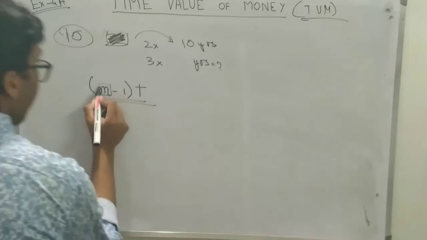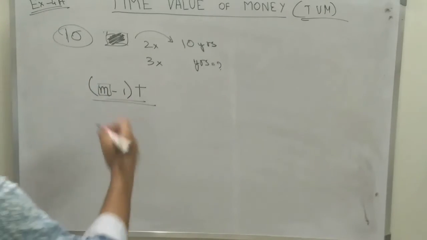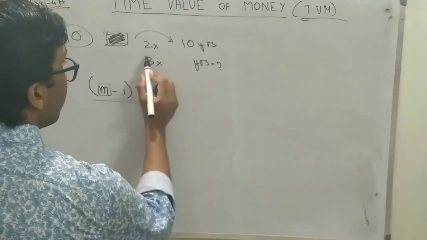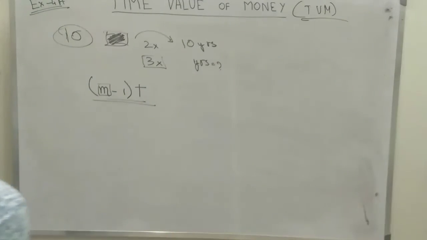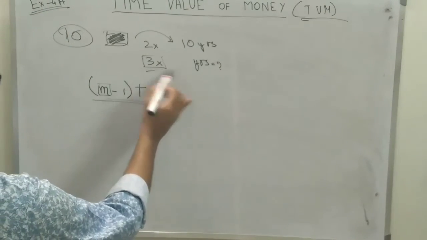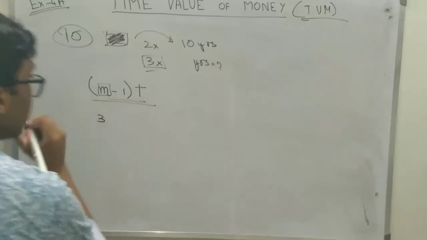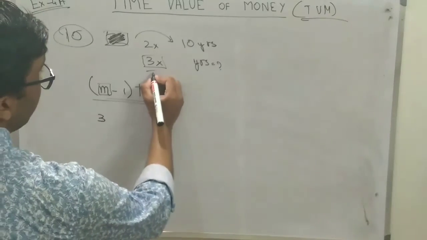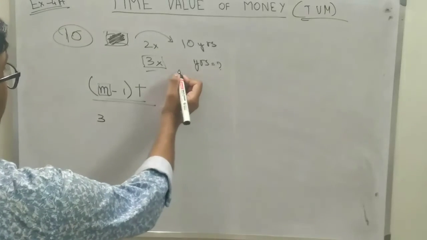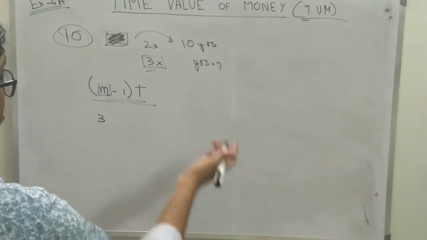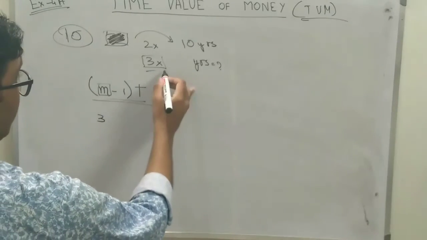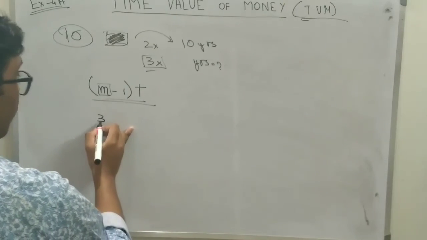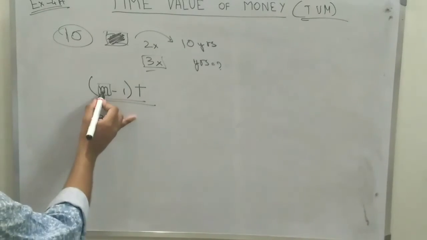Now what is m? M is the number of times given. Say for example, here it is given as 3 times. We will take 3 in place of m. If it is given as 4 times, like how long will it take to convert it into 4 times, it will be 4 over here.